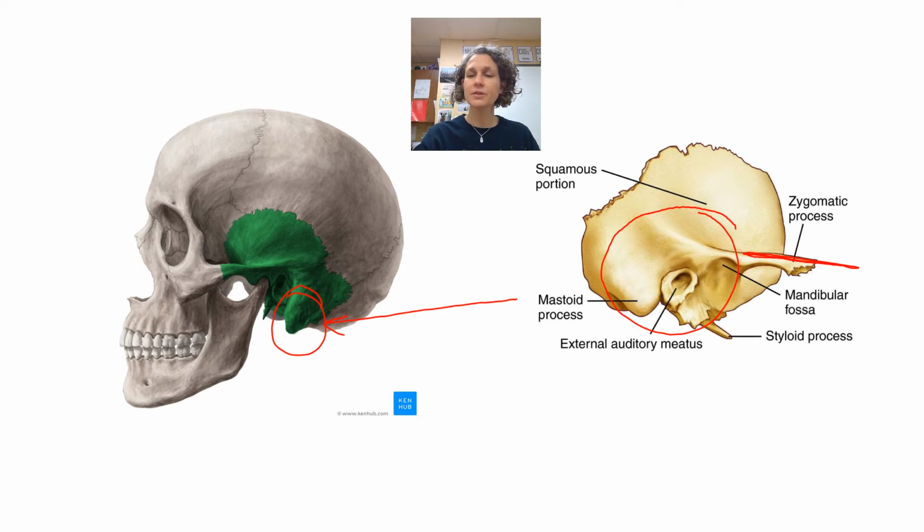Oh, the mandibular fossa. So this indention, when we talk about your mandible, the ends of that bone fit into this little opening, and it's a rotation point where your jawbone rubs. If your jaw pops, it's that area where the popping happens.